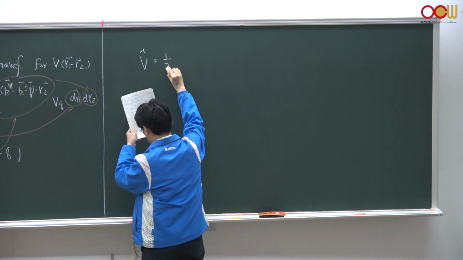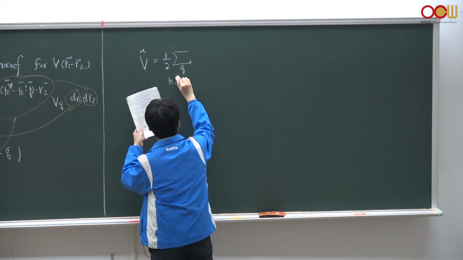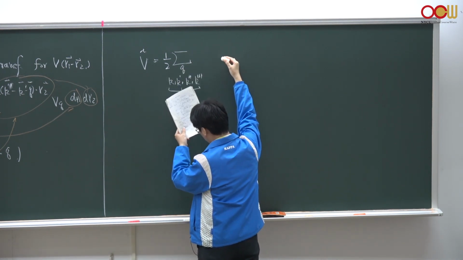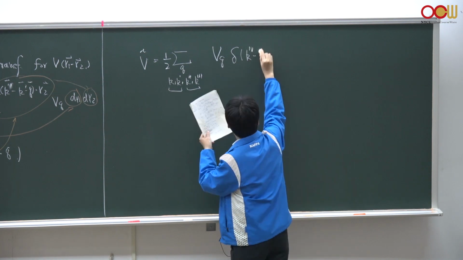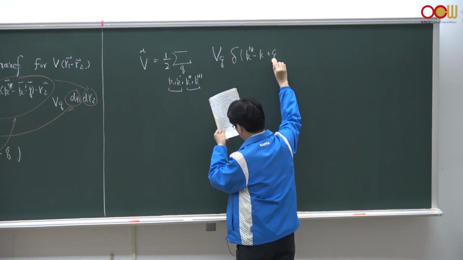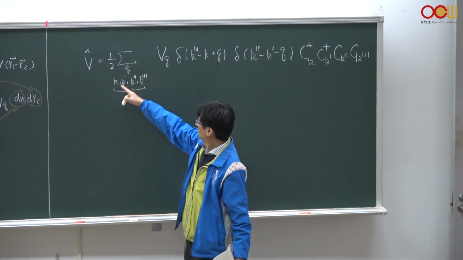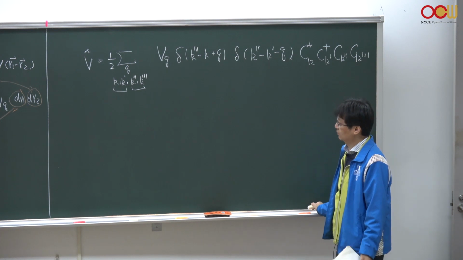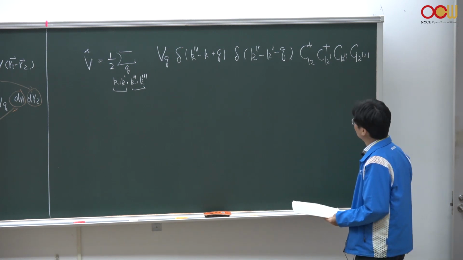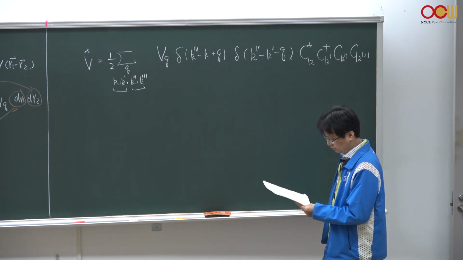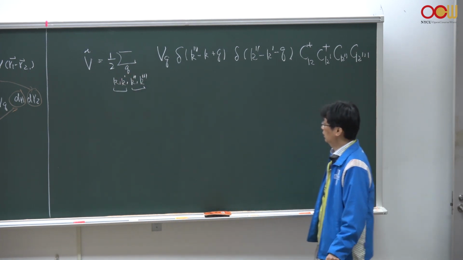So V hat is given by a sum over Q and the other four momentum sums, V of Q, delta K triple prime minus K plus Q, and delta K double prime minus K prime minus Q. So we have five summations, four Ks and one Q, but we have two delta functions. And so we can get rid of these two delta functions, and equivalently remove two summations out of the five, right?